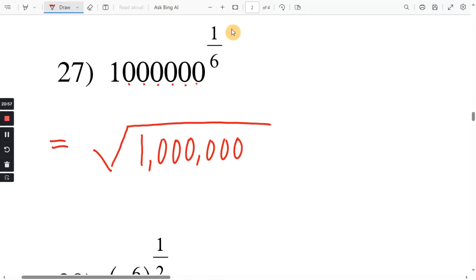Remember, the numerator is the exponent and the denominator is the root. So this is the 6th root of 1 million, and that is raised to the first power. But the first power doesn't do anything.